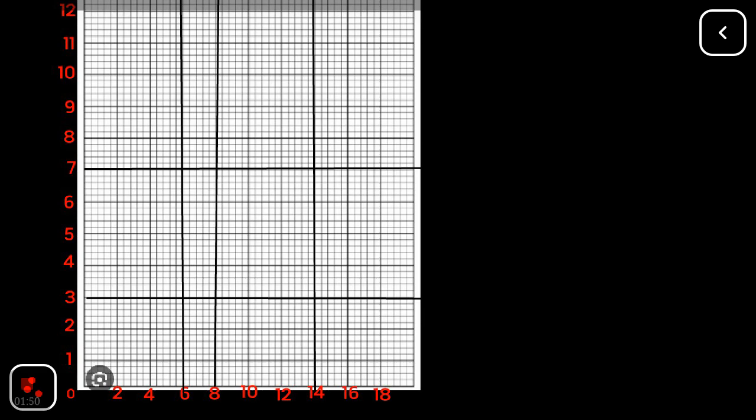you have the vertical axis and the horizontal axis. The vertical axis, up and down, is your y axis, while your horizontal axis is your x axis. Note that in some practicals that you do, you won't be given y, you'll be given something different, like length.